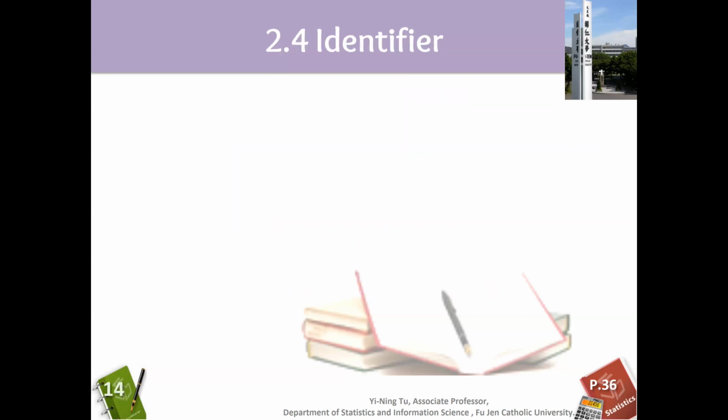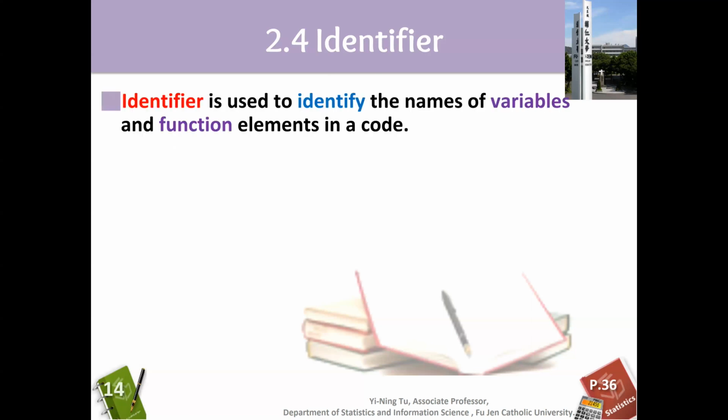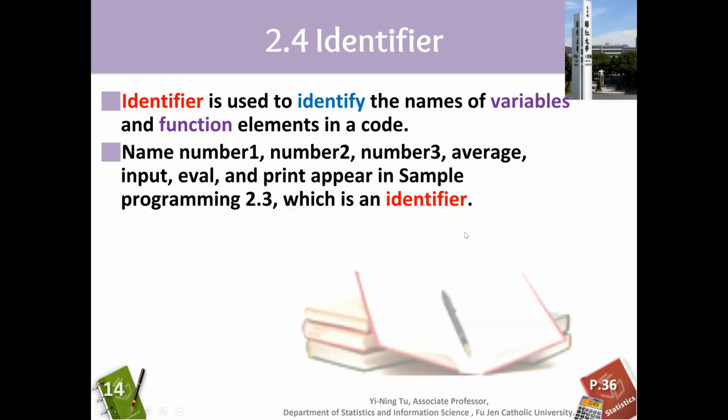Next we will talk about identifiers. What is an identifier? An identifier is used to identify the names of variables and function elements in a code. So whether it is a variable or a function, it could be an identifier.